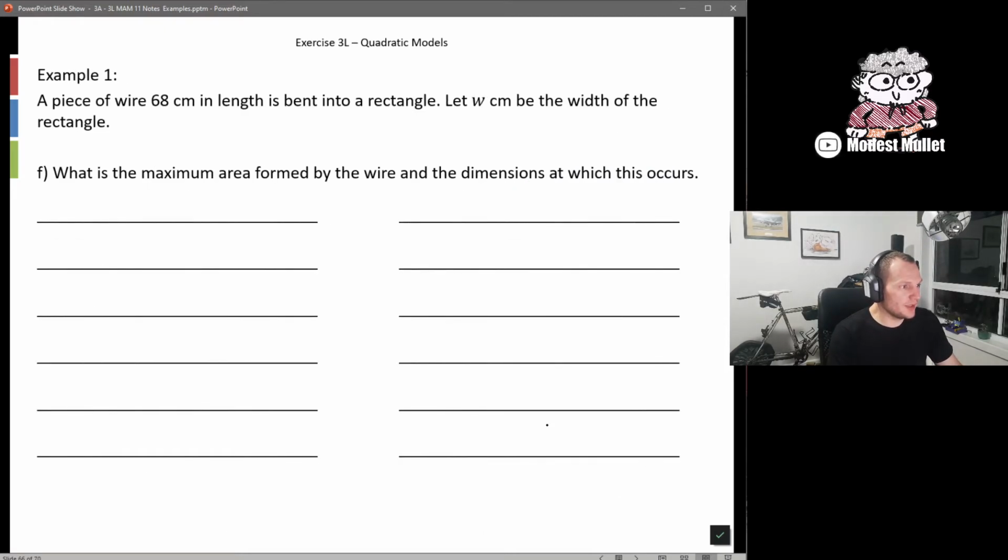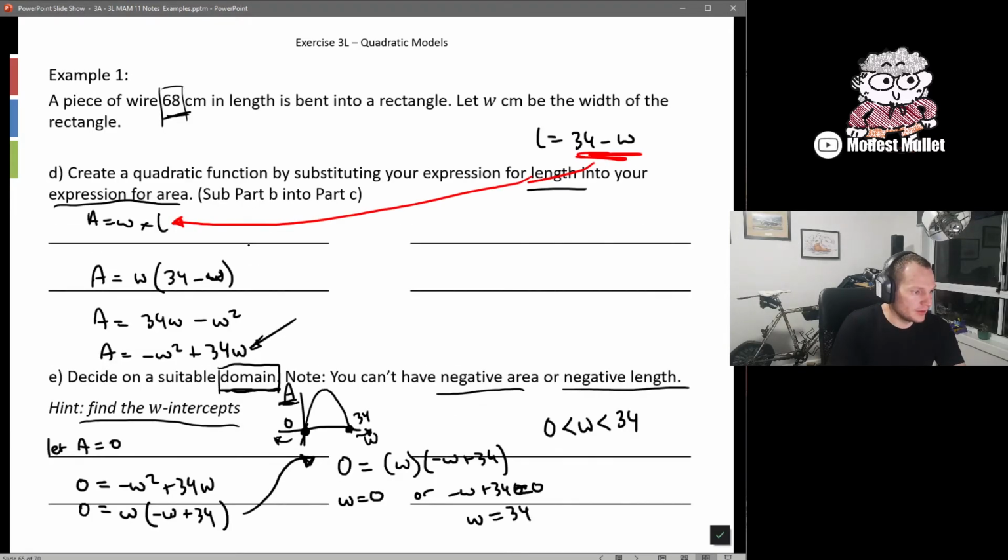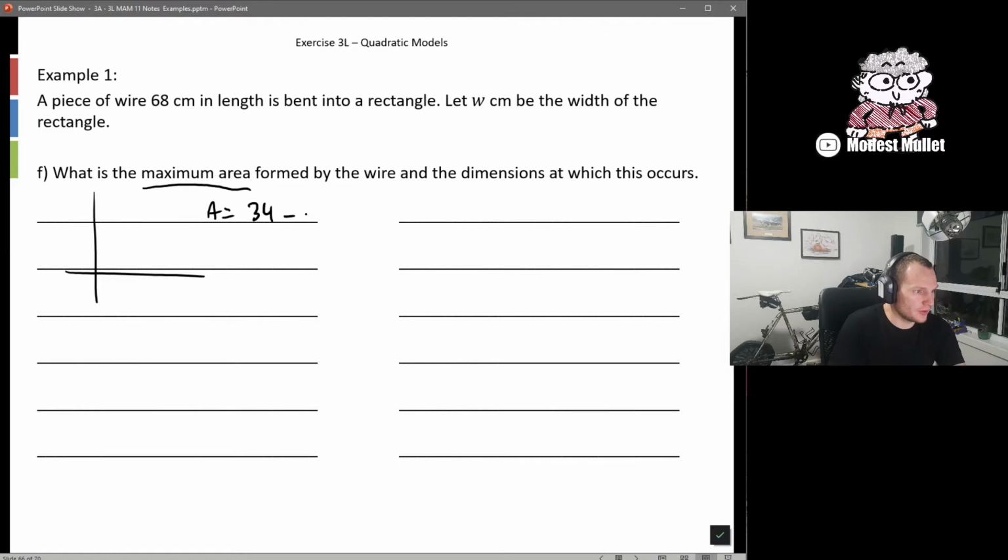Finally, a piece of wire, 68 centimeters. What is the maximum area formed by the wire and the dimensions that this occurs? Well, we just found out that area is equal to 34w take away w squared, which is a rough graph from 0 to 34.